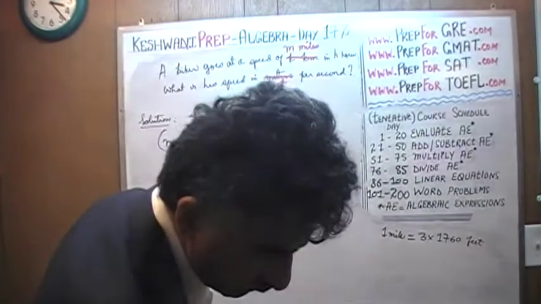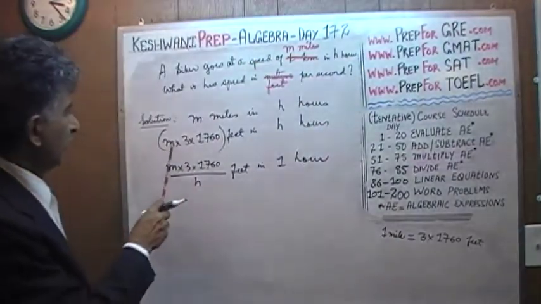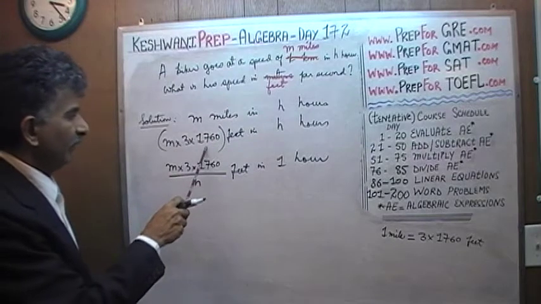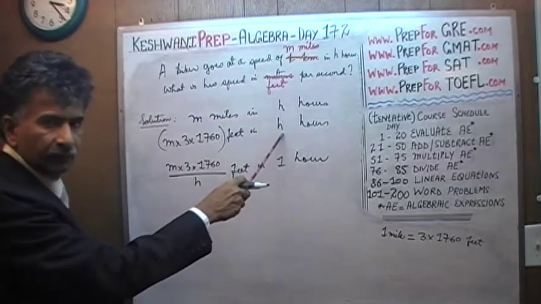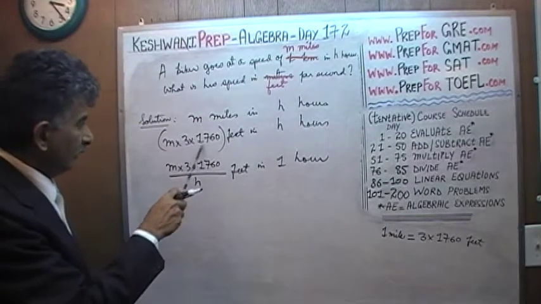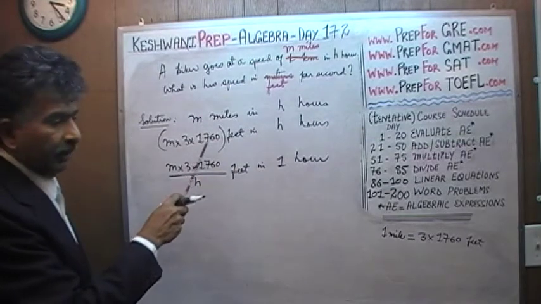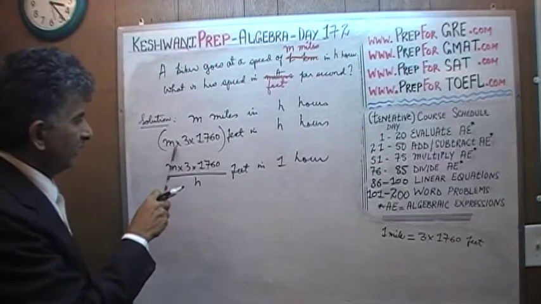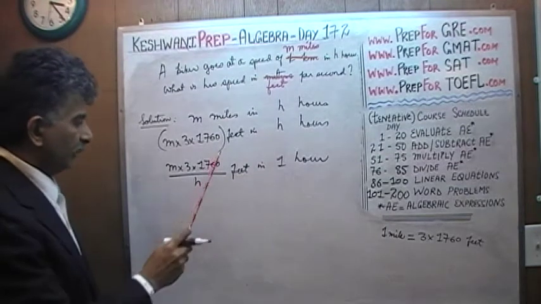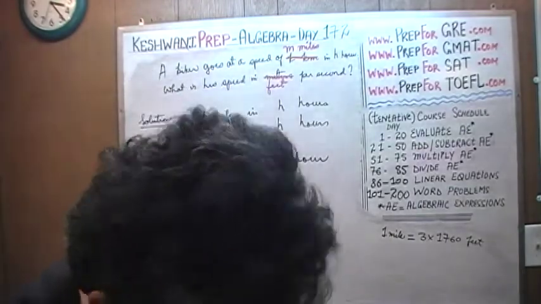For example, if we were told that we travel m times 3 times 1760 feet in 2 hours, then in 1 hour we would have traveled half the amount of distance. This amount divided by 2. Why don't we do that step by step so you can see it?